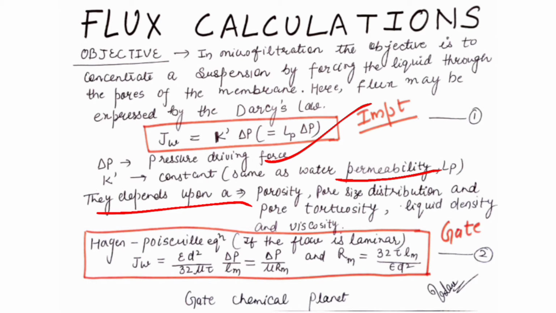Again, by the Hagen-Poiseuille equation, if the flow is laminar, we can write JW equals epsilon d square upon 32 mu tau times delta P upon Lm, or delta P divided by mu Rm, where Rm equals 32 tau Lm upon epsilon d square.